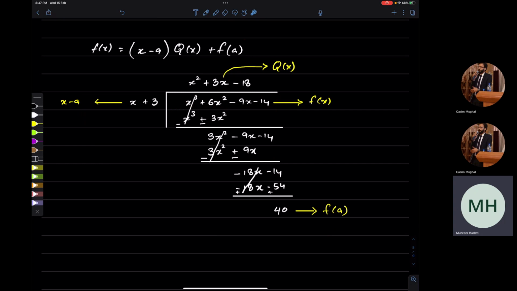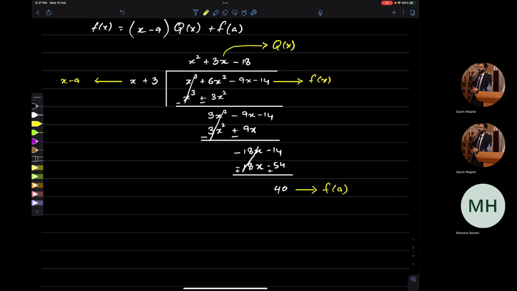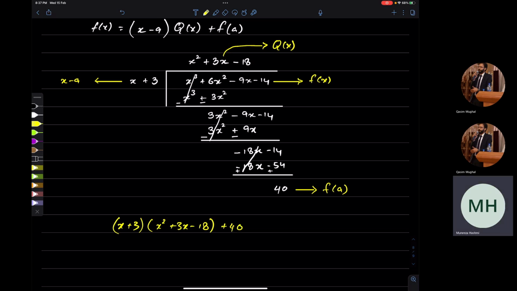So, sir, when you're writing this in factor form, how do we include the remainder? You do it like this: x plus 3 times x squared plus 3x minus 18, plus 40. Got it?